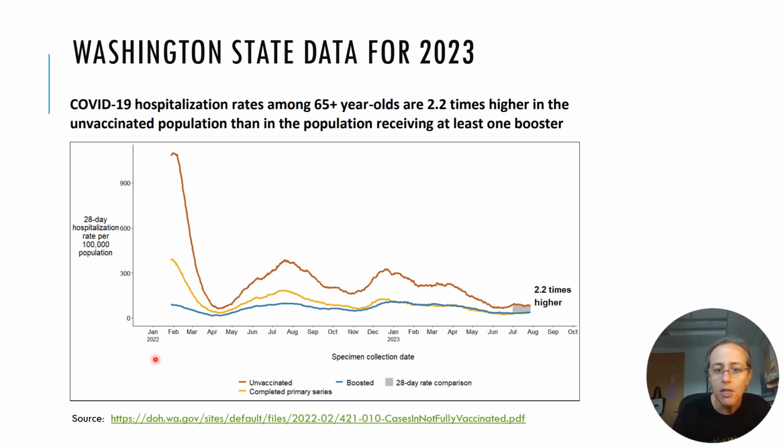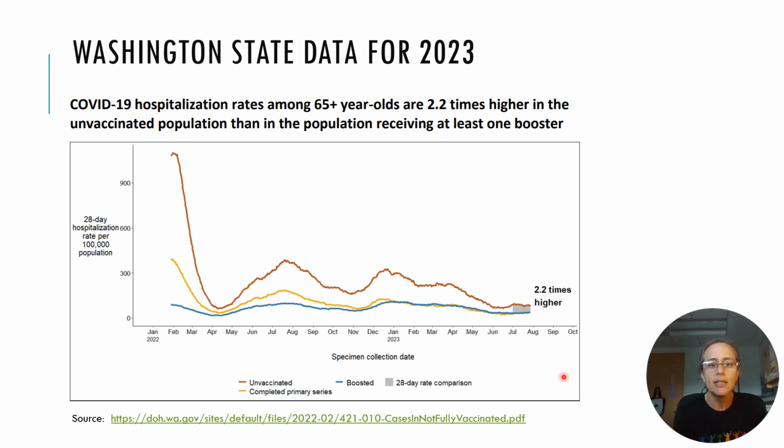Let's see, so let me get my laser pointer. Okay, so from January 2022, and then this is August 2023. So obviously, people are not being hospitalized at the high rates that they were back before, but people are still being hospitalized. And we can see that this red line here that's on the top is unvaccinated people, whereas the yellow and the blue are people who have received vaccines and or their booster shots.